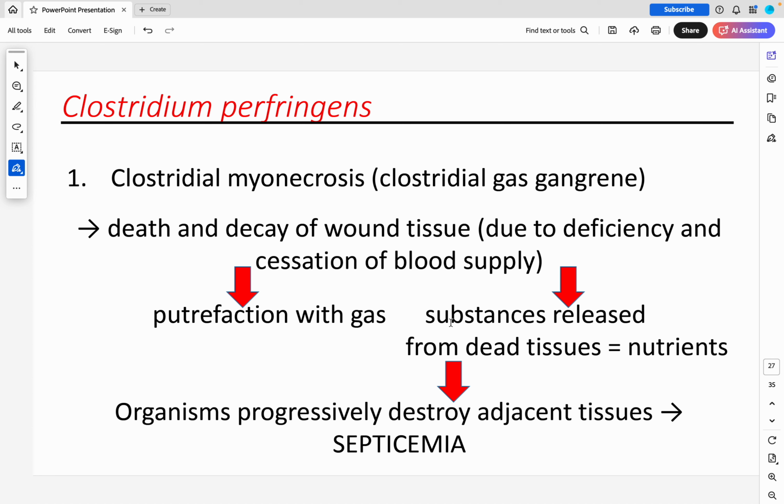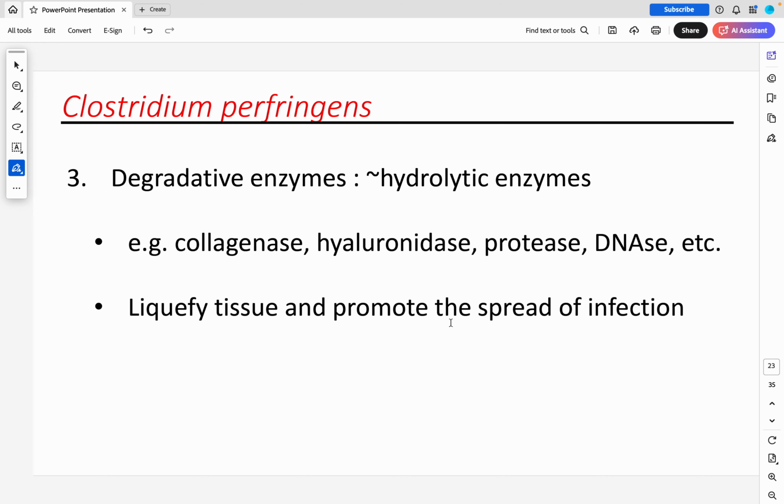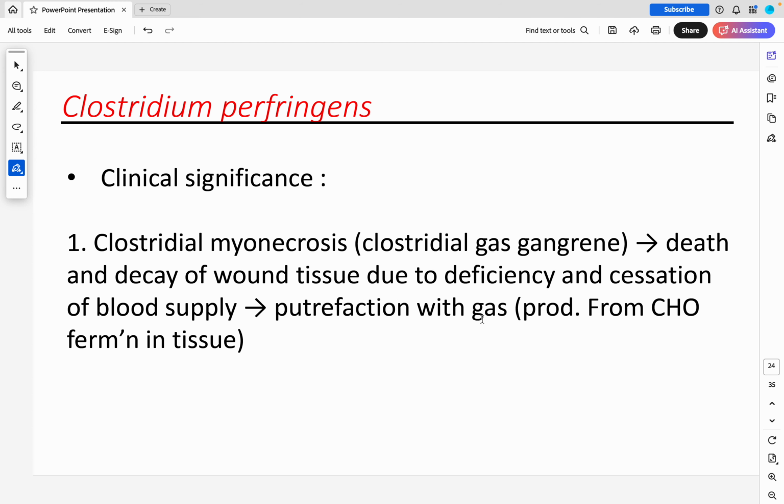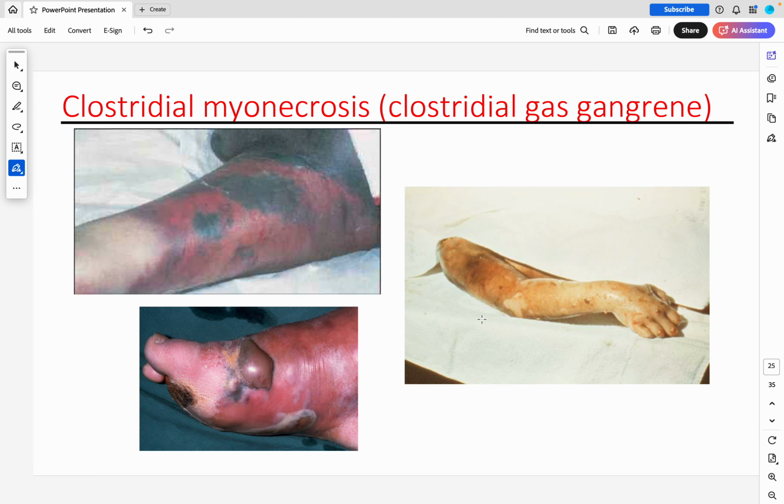And that can lead to septicemia, a more toxic situation where the blood supply has already been invaded and the pathogen can be distributed in other parts of the human host.